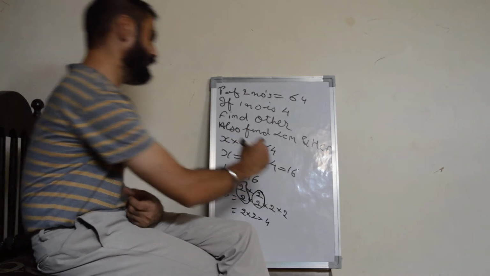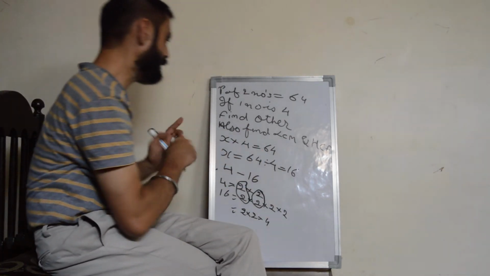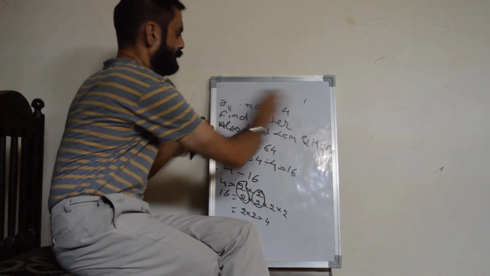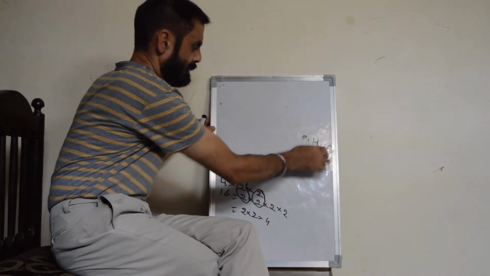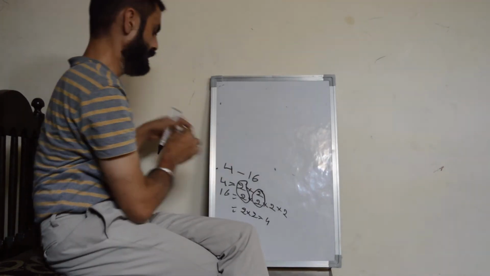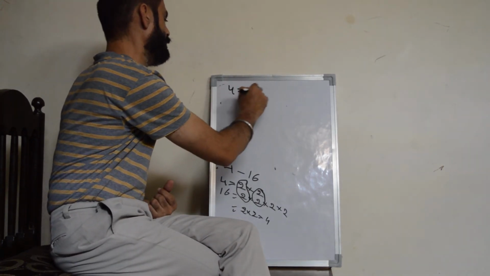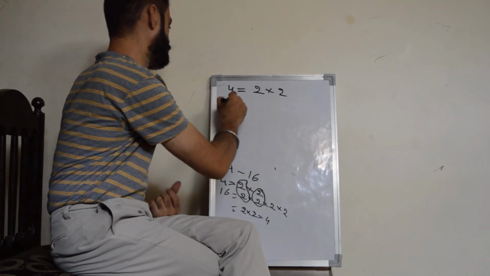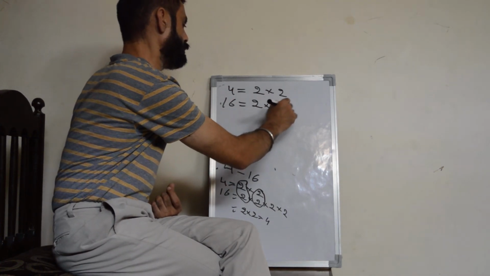Right? And similarly the highest common factor will be, let me do it on the top. So factors of 4 are 2 into 2 and factors of 16 are 2 into 2 into 2 into 2.